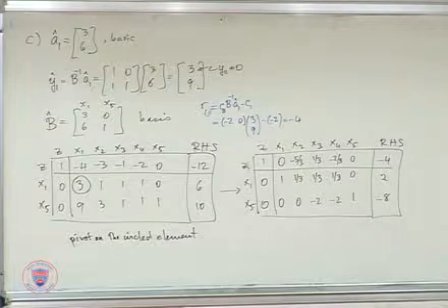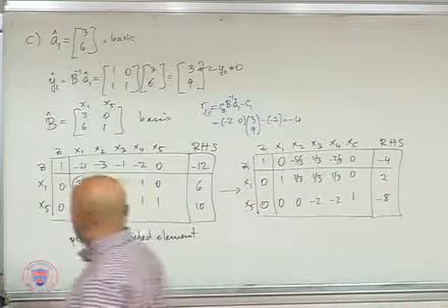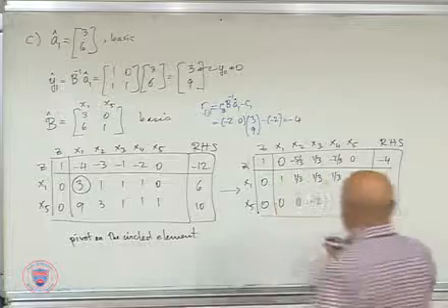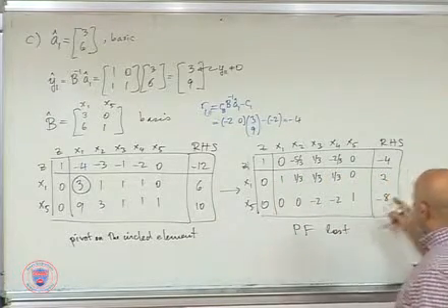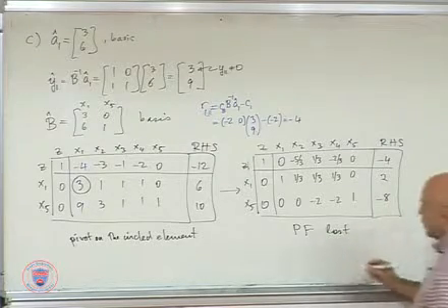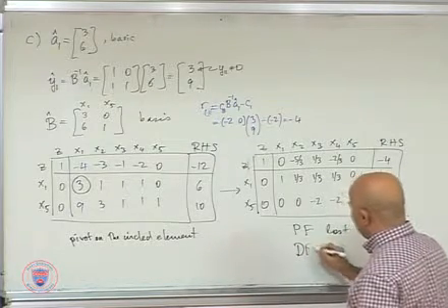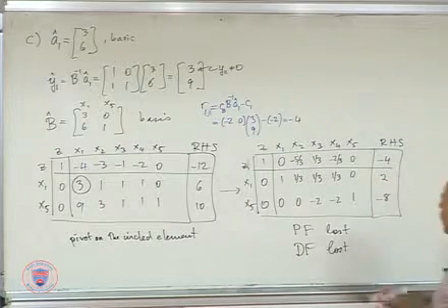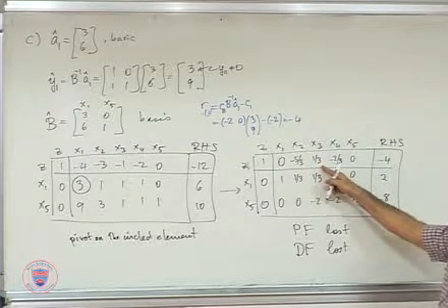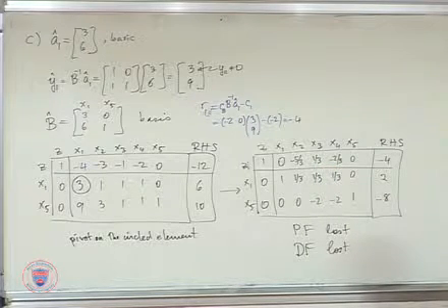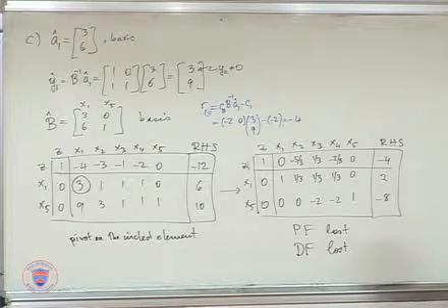All right, so at this point, we see that primal feasibility is lost because you have a minus 8 here. We also have dual feasibility lost because we've got a plus entry in X3 column. So we've got the most complicated situation as far as sensitivity is concerned.